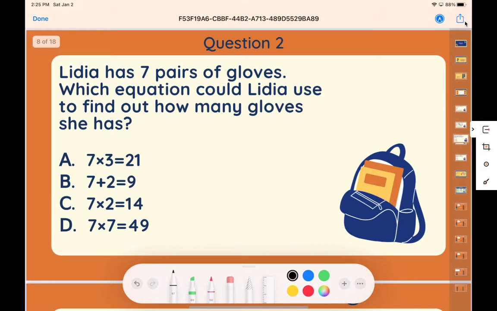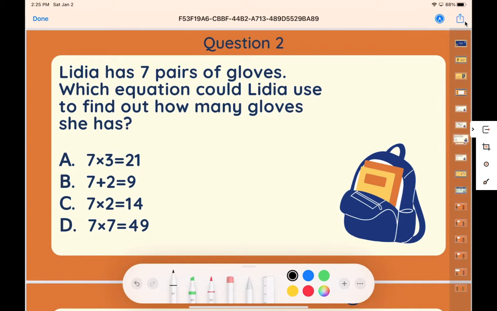Let's take a look at question number 2. Lydia has 7 pairs of gloves. Which equation could Lydia use to find out how many gloves she has? I'm going to read it one more time. Lydia has 7 pairs of gloves.